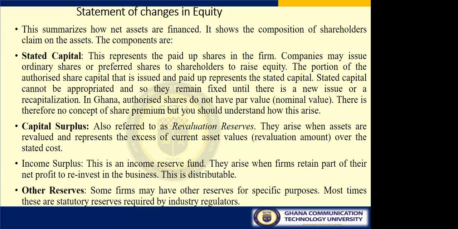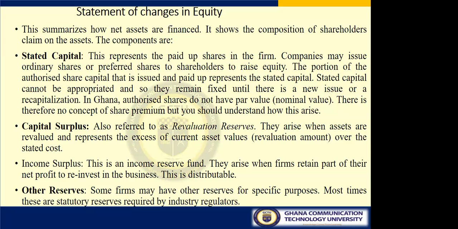I'm not all that convinced with the answers provided anyway, but then I think we can proceed. Bismarck, you said you are not convinced with the answer. So what answers were you expecting? Okay, so my understanding is that the income surplus is reserved, as stated in the slides, to be reinvested into the business.